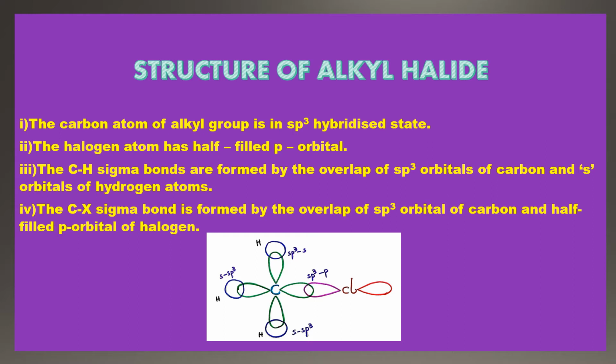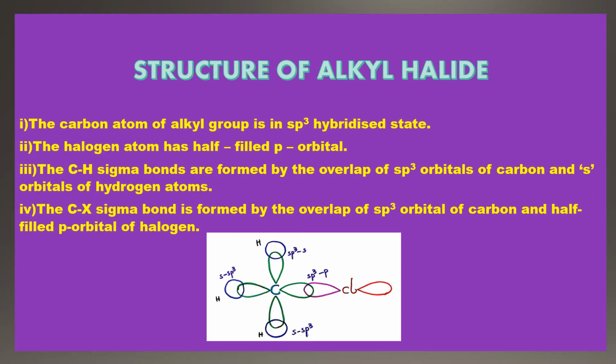Is it clear? Okay, so the carbon atom of the alkyl group in the alkyl halide is involved in sp3 hybridization, or it is in sp3 hybridized state, and the halogen atom, here I have mentioned chlorine atom, has half filled p orbital, and there are carbon hydrogen sigma bonds and carbon halogen sigma bond. So carbon hydrogen sigma bonds, how are they formed?